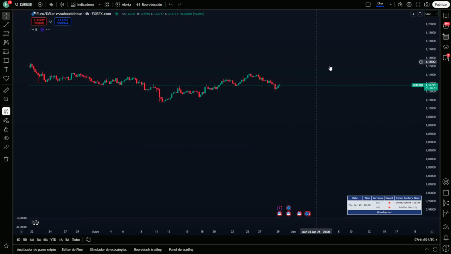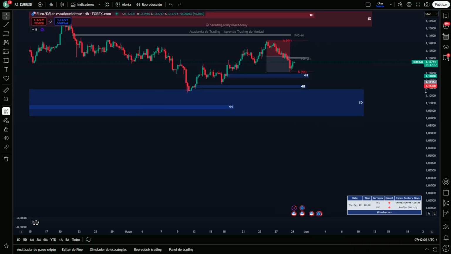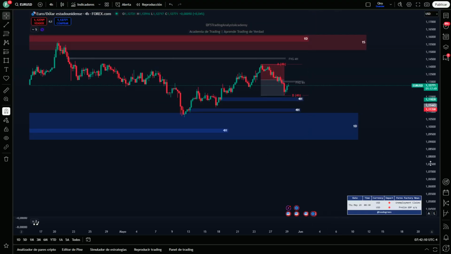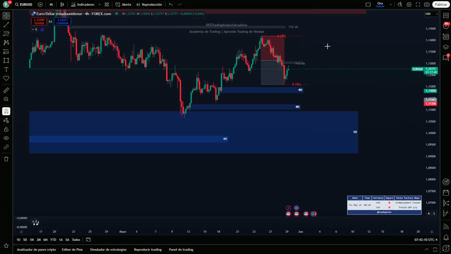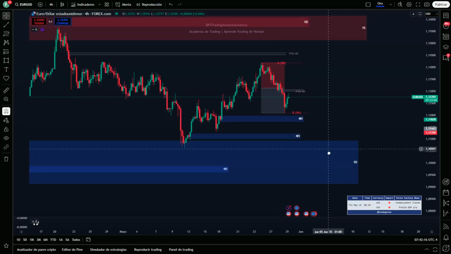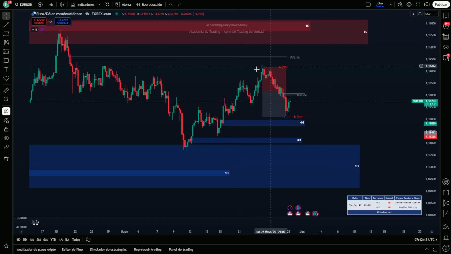Now we're on the 4-hour time frame, and the methodology is the same as we followed on the daily chart. First, we identify our latest structural point to show us the direction on this specific time frame. If we look, our marked structural point consists of the high and the low.